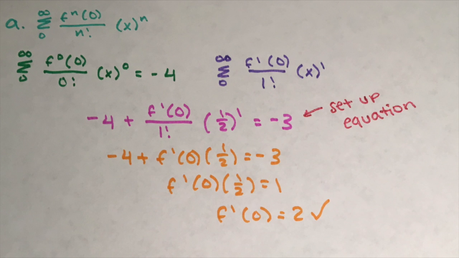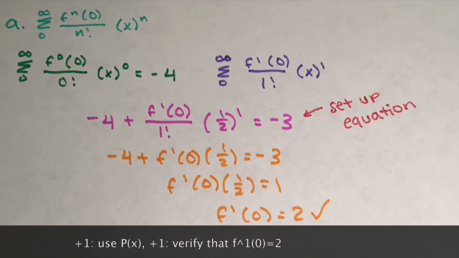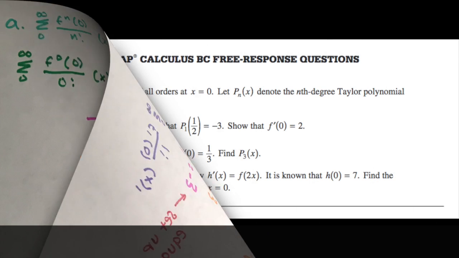After you have set up this equation, you can solve for f prime of 0. We find after solving that f prime of 0 does in fact equal 2. Part A is worth 2 points. 1 point would be awarded for using p sub 1 of x. The other point would be awarded for showing that f prime of 0 equals 2.